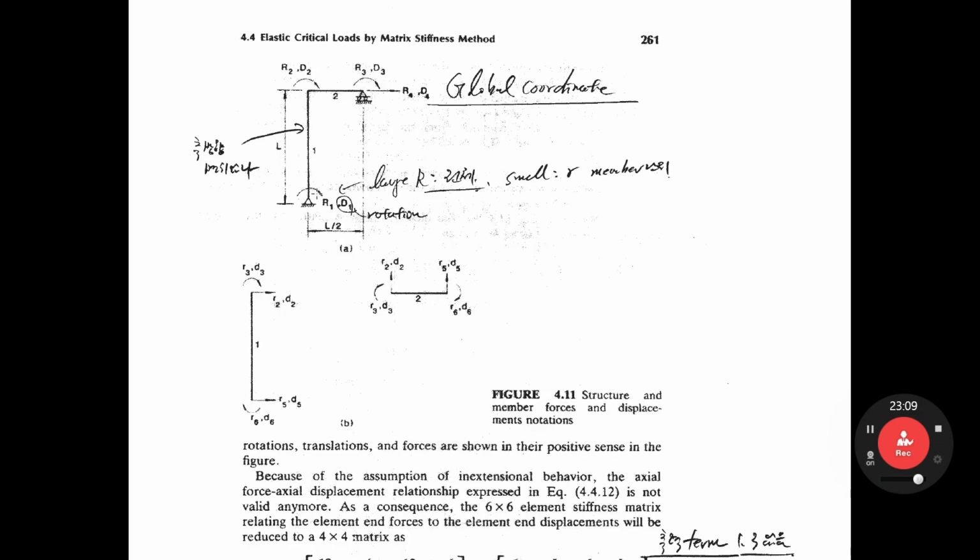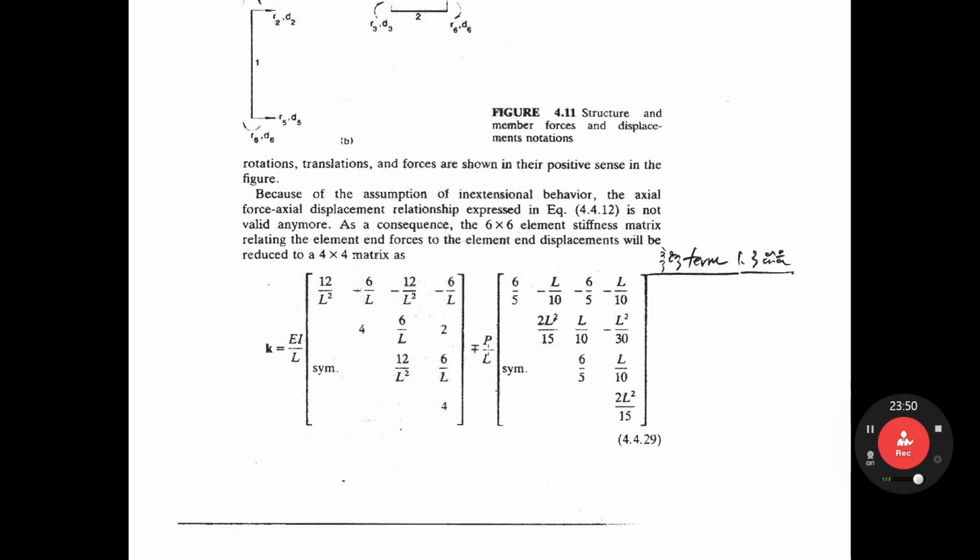Let's look at the local coordinate system. For element 1, if we ignore the axial force for simplicity, we can write it down like that. That is R2, R3, D2, something like that. This one is R2, R3, D2, like that. Then we can make a 4 by 4 matrix like that.